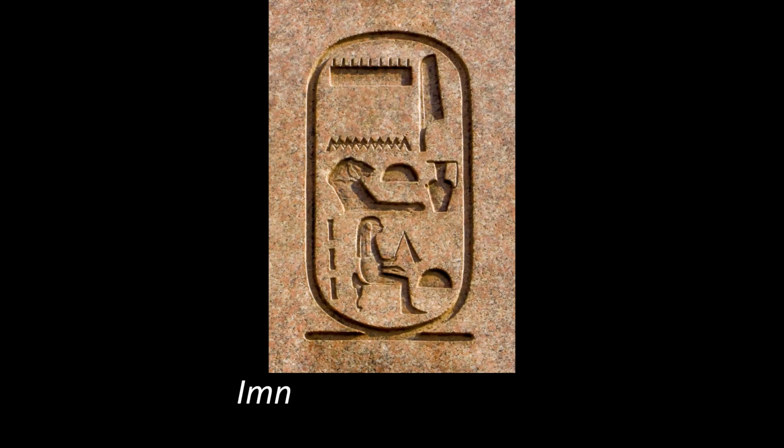Now we look at the second row. In the second row, we see the hieroglyph of a jar, which is read Knm, and then the hieroglyph of a loaf of bread, which is read T. Knm means united, and the loaf of bread is added to indicate the female gender of this adjective.